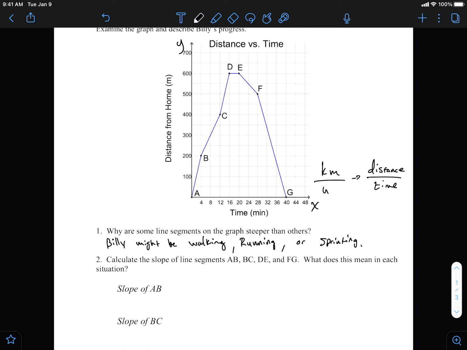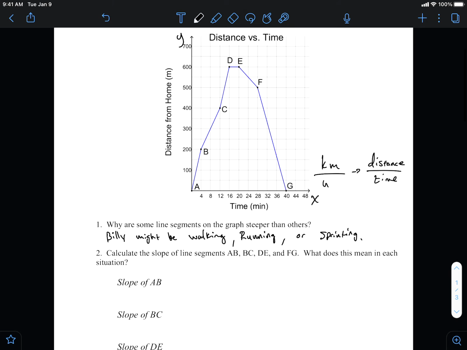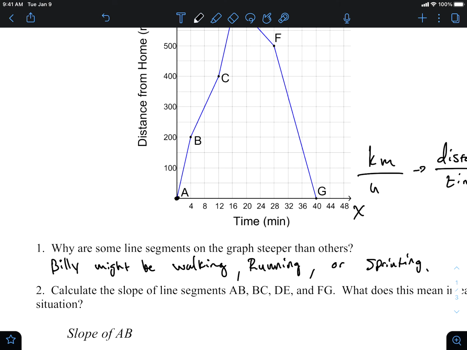So if I were to pick two points, like point A and point B, and I found the change in their y's and the change in their x's, what is that?